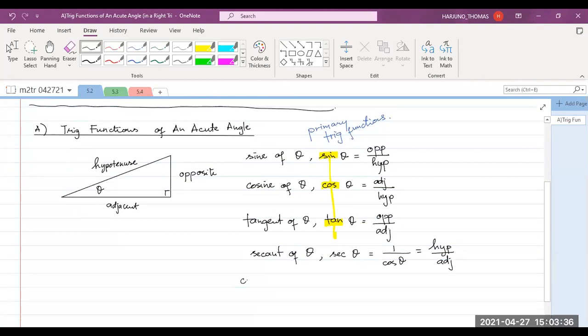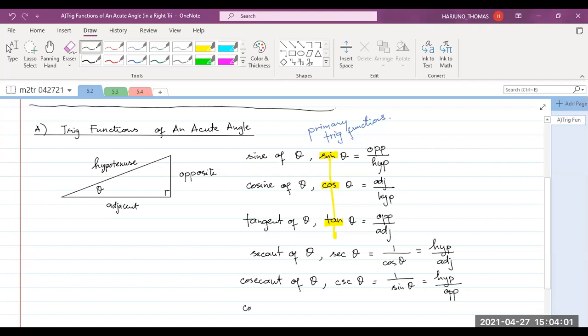Cosecant of theta, denoted by csc theta, is the reciprocal of sine theta. Therefore, the formula will be hypotenuse over opposite.